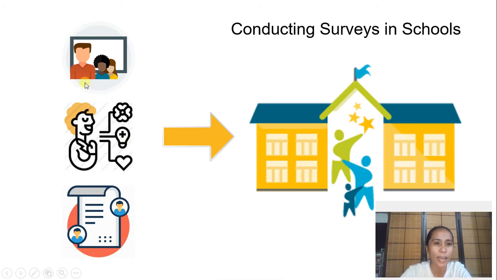But if you let them write, if you let them answer a survey about themselves, they can easily answer and they can easily express themselves. So that's one of the purposes why we conduct surveys in school, to give a platform for students to voice out their opinions, their feedback, and it can also be done online, especially now that we're not meeting our students in a face-to-face traditional classroom setup.